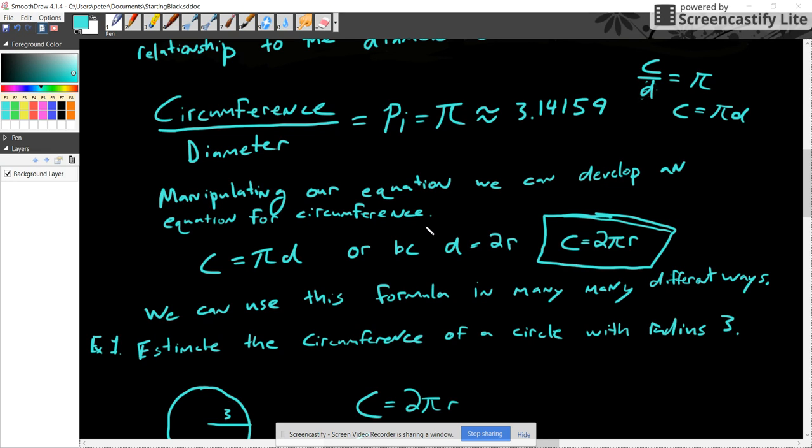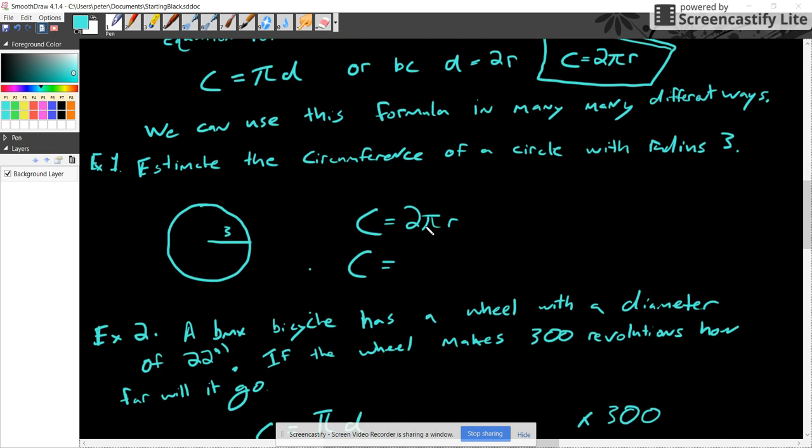This formula has many different applications. Our first is we can estimate the circumference of a circle with a radius of 3. So here I've got a circle, or what is supposed to look like a circle, with a radius of 3.